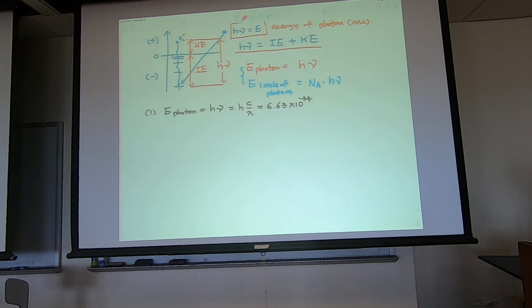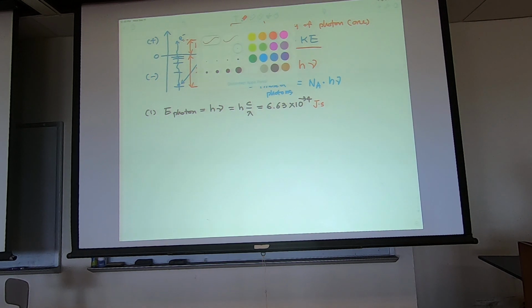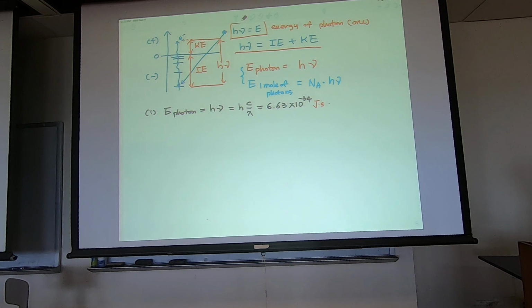And then I'm going to multiply by 3 times 10 to the 8 meters per second. This is a value that you used for your quiz number 2, the speed of light. And what was the wavelength of the light? That was 223.7 times 10 to the minus 9 meters. So I can just use meters, seconds, and joules, all MKS units, and then you should be fine.